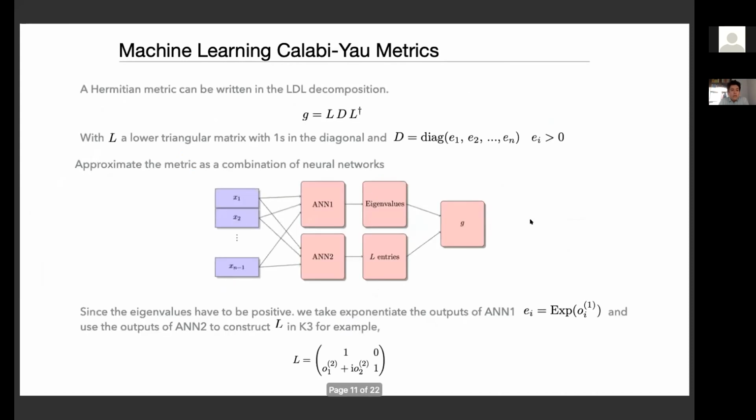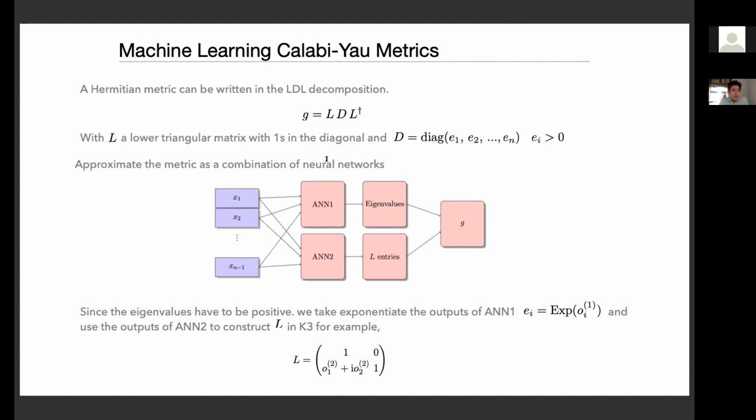Our goal is to approximate a Hermitian matrix using neural network outputs. For that, there is a suitable decomposition known as the LDL decomposition. You take D as a diagonal matrix and L a lower triangular matrix with ones in the diagonal. Since you expect the metric to be Euclidean, you hope for the parameters in the diagonal to be all positive.